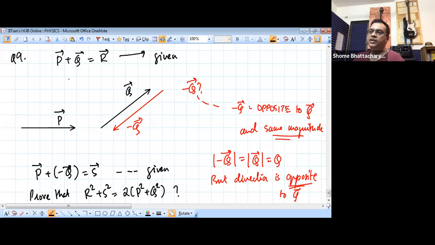Okay. So let us see how we can make the triangle. Both of these are sums.